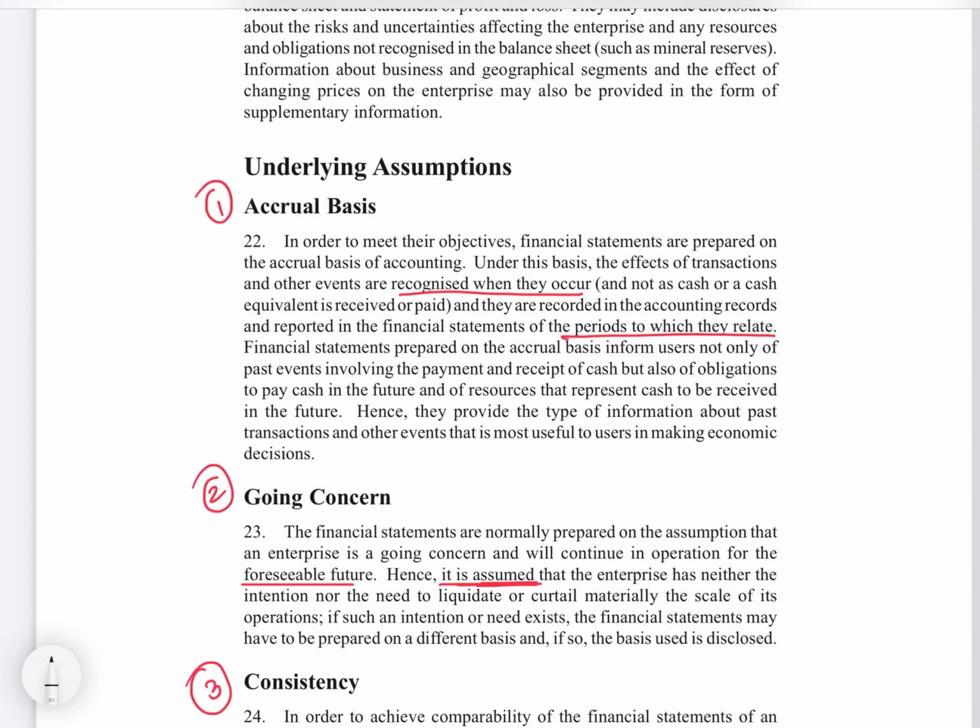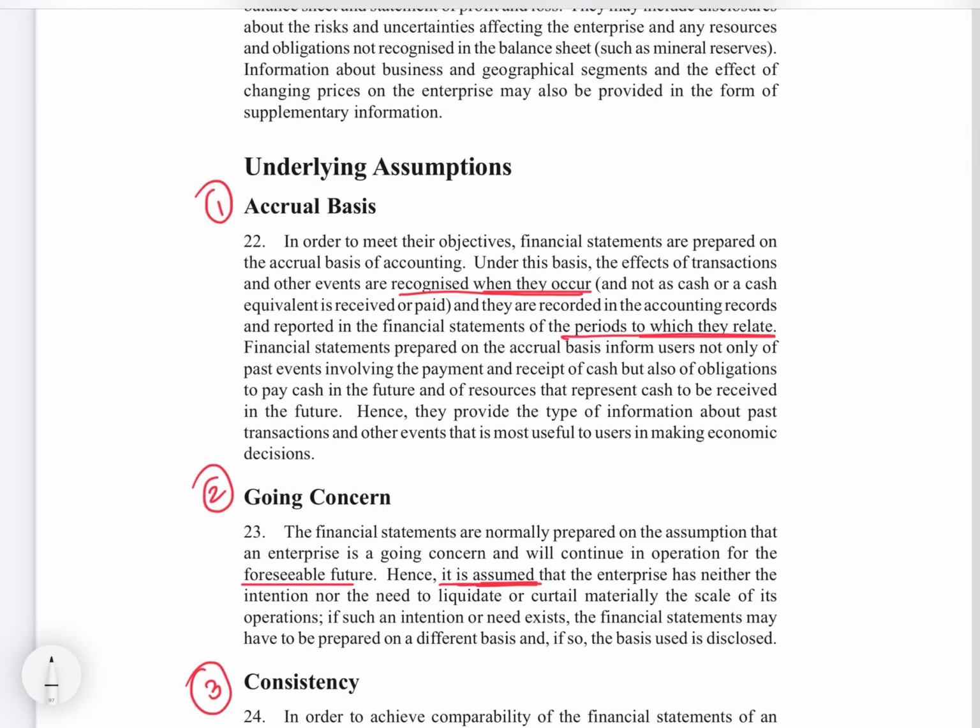So when we say accrual basis, it means recording the transactions and other events when they occur, and they are recorded in the accounting records and reports of the periods to which they relate. So when they occur and to the period to which they relate, only then they are recorded, which is not the same in the cash basis.